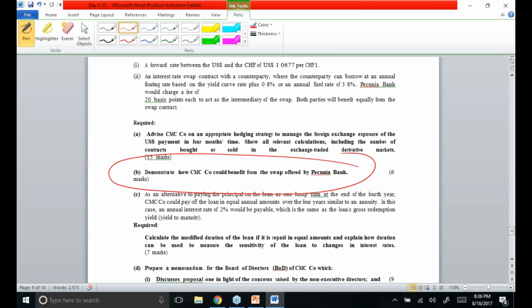So just try to read the relevant figures from the question and try to solve it. Just read the question. We will solve this part in a few minutes.